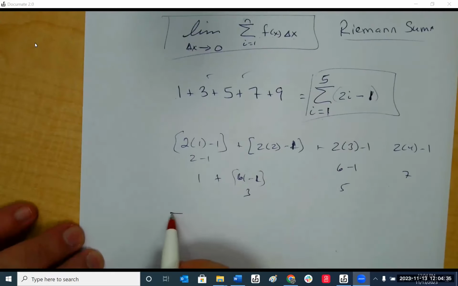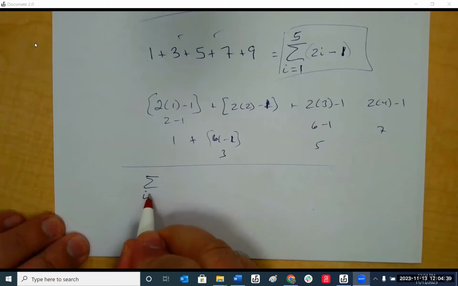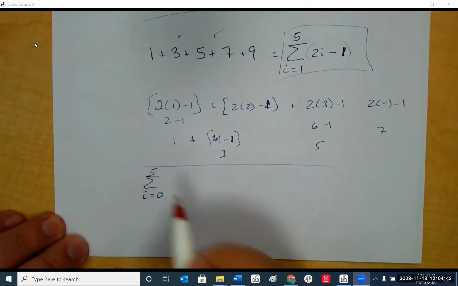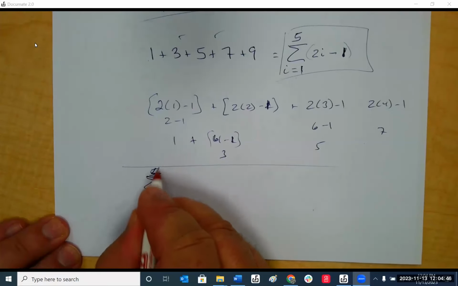What if we started at 0? i equals 0 to 4, because we have to have 5 total.